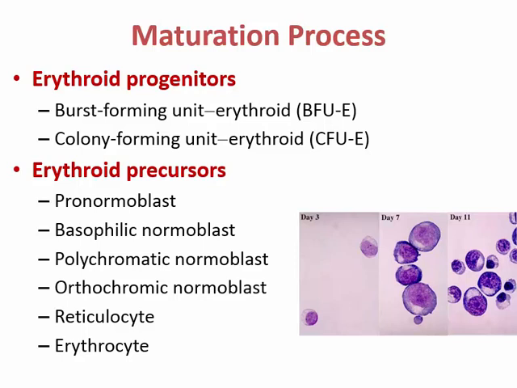But depending on the environmental cue, these burst forming units, which are going to have low erythropoietin receptors, they're going to have very few EPO receptors. They don't respond to EPO at this stage. There are other things they respond to. But if they differentiate to the next stage, we're going to put E in here to indicate erythroid.